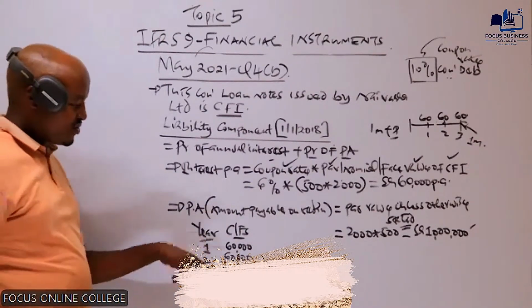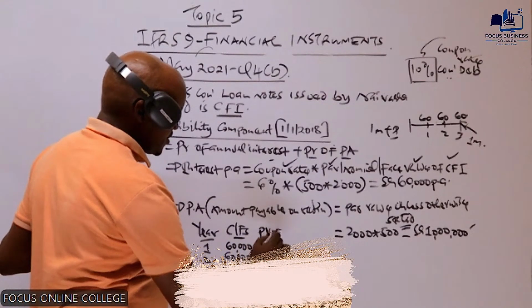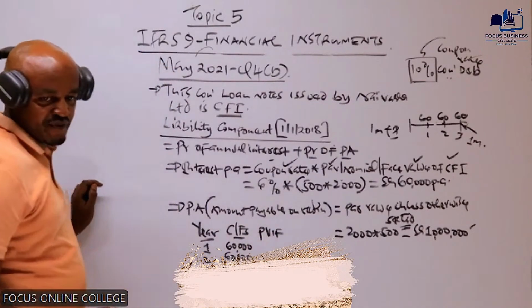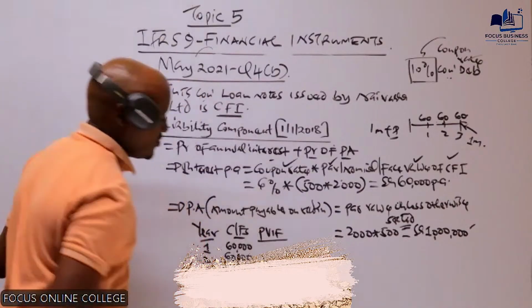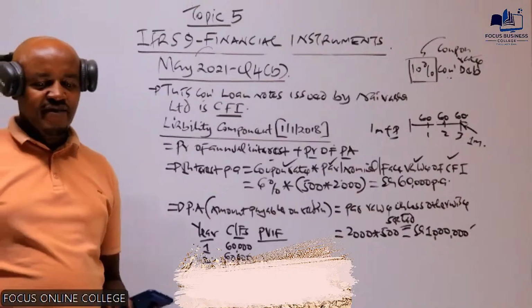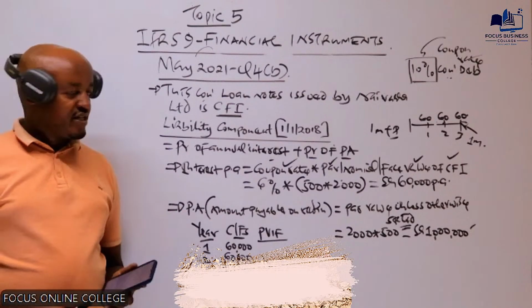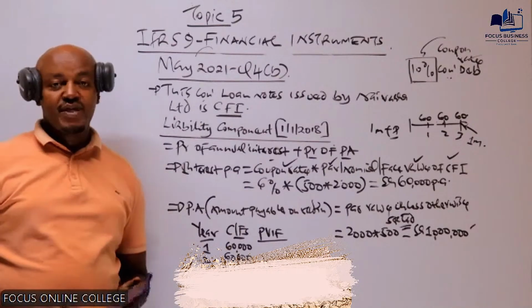So what do we need to do? We need to discount this. To discount this, we need to multiply it by something called the present value interest factor. Which rate are we going to use here? The rate we are going to use is the effective interest rate. If you check that question, we're also given another rate, the coupon rate of 6%.